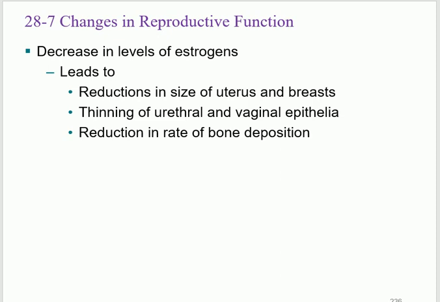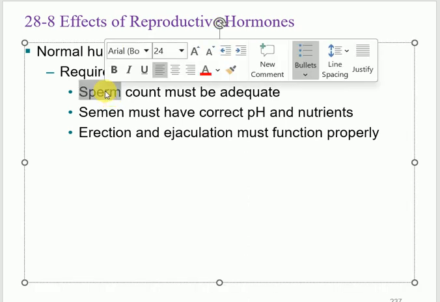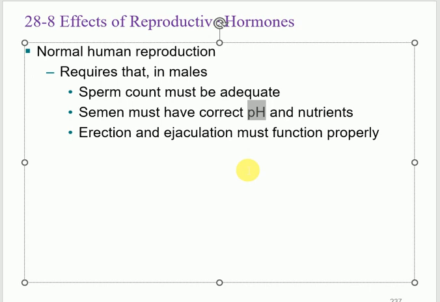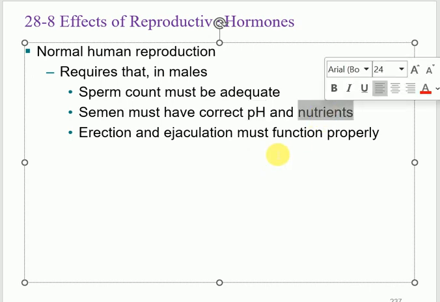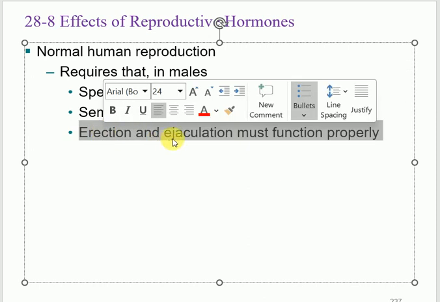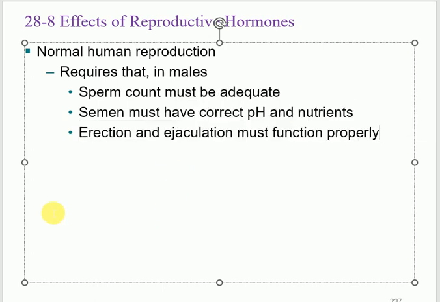And normal reproduction in males requires enough sperm, a good pH, which is slightly alkaline, and nutrients. So there are factors. He should have normal erection, normal emission, normal ejaculation. Basically, all that we talked about should be normal. If one of those is disrupted or not normal, this can lead to either erectile dysfunction or infertility.